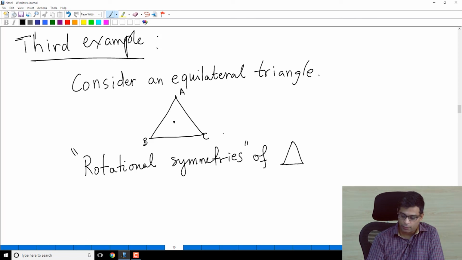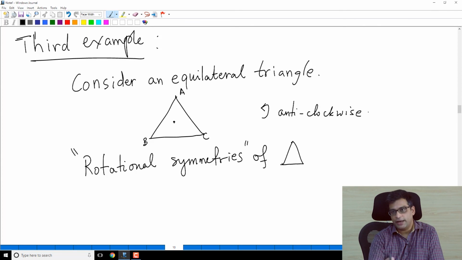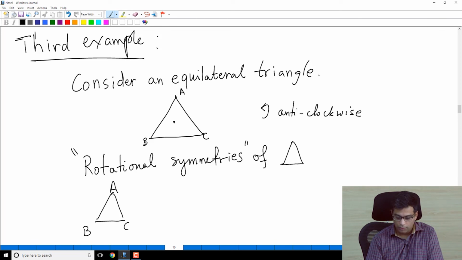Let us say I am rotating anti-clockwise. If I rotate by 90 degrees, you can quickly see I do not get the starting triangle back. This is the starting triangle. If I rotate by 90 degrees, I get something like this: C will move here, A will move here, B will move here.